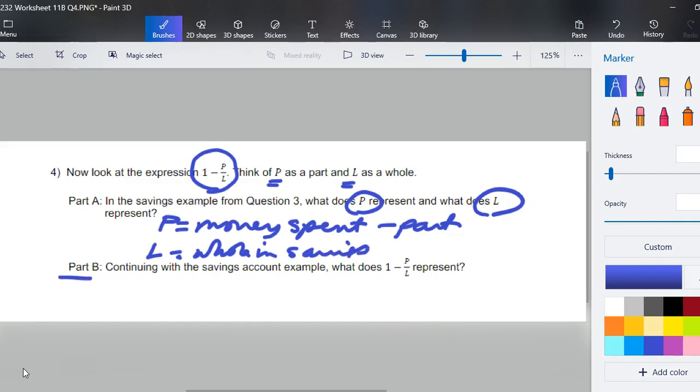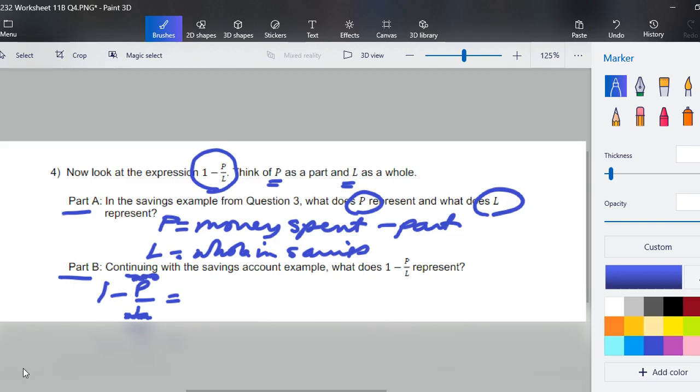Continue with the savings account example. So then what did 1 minus the P over L end up representing? Well, early in the example, let me go back and look at the numbers. It was $750 out of the $3,000. And once I had that fraction, then I could subtract it from a whole, as a decimal or a percentage.